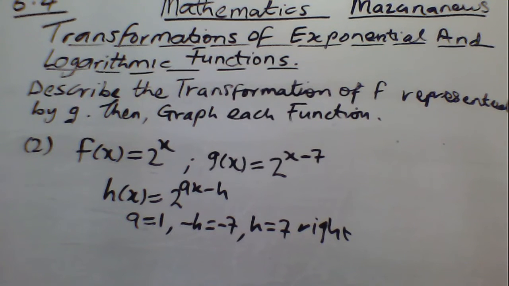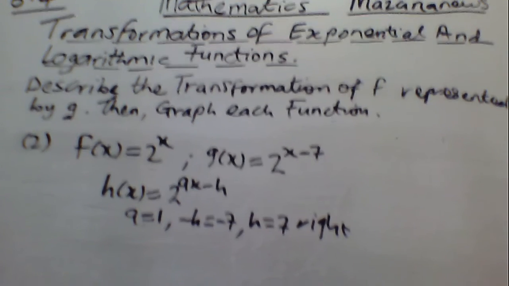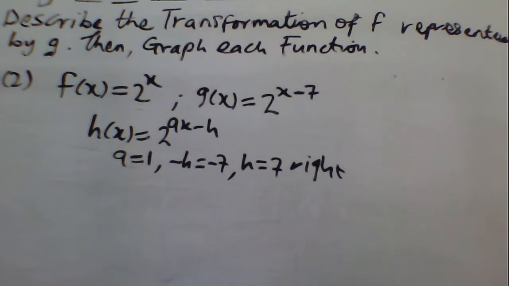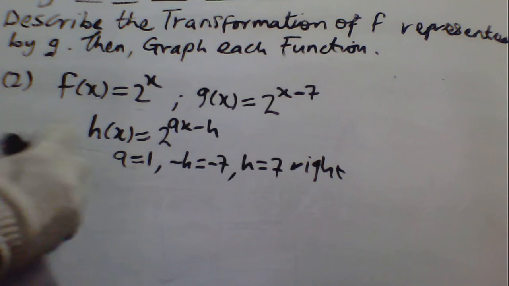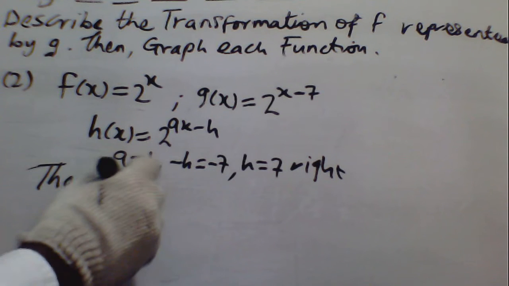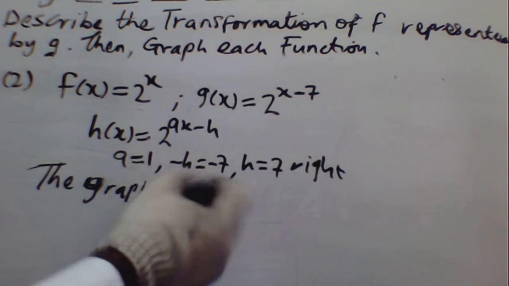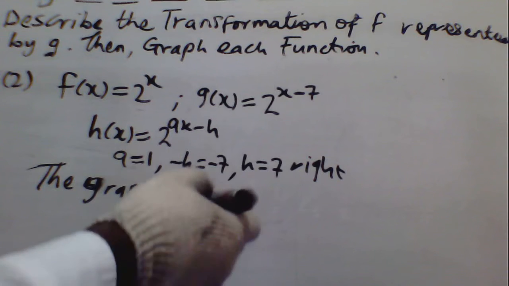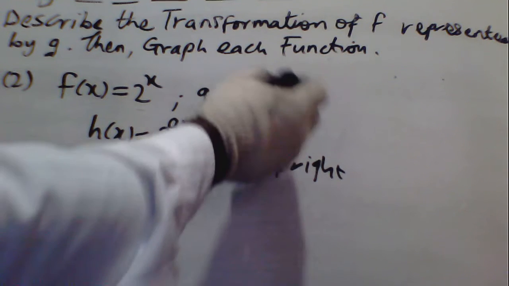So from here we can now describe the transformation as stated from the equation. So the graph of g is a horizontal translation.